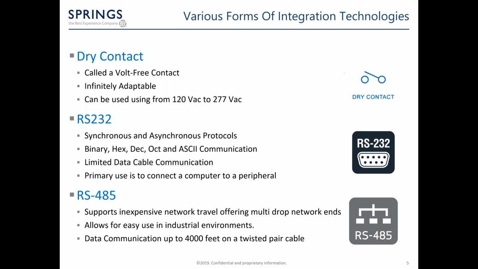The final feature I would like to share for RS-485 is that it uses category 5 or 6 twisted pair Ethernet cable. Whereas in RS-232 you were limited to only 50 feet for data communication, with RS-485 you now have the ability to communicate over 4,000 feet from one computer to another signal cable.